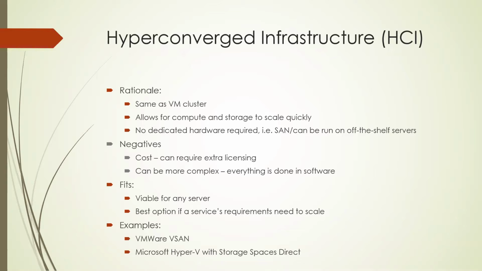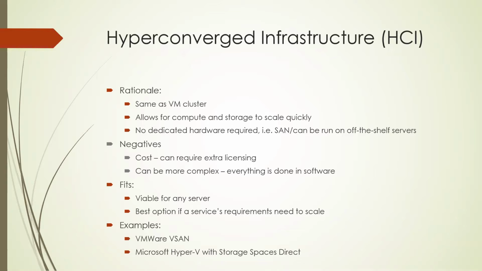And then the other big benefit, and this is kind of really the reason why you would do hyperconverged, is it allows for both compute and storage to scale incredibly quickly. If you need more compute, you just start adding servers. And if you need more storage, you start adding servers.